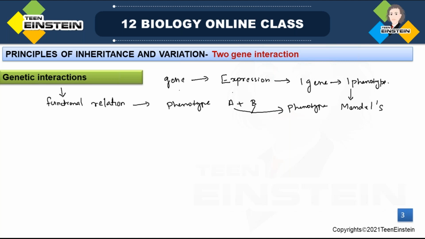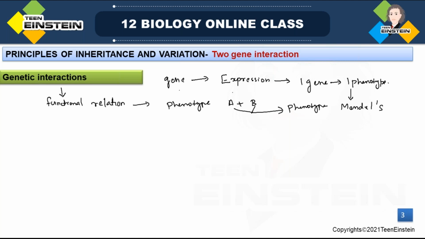So genetic interaction is the extension of Mendelian genetics. Here you will get deviations of the Mendelian ratio. Genetic interaction occurs when the interaction between two or more genes results in a phenotype that is different from the expected phenotype.